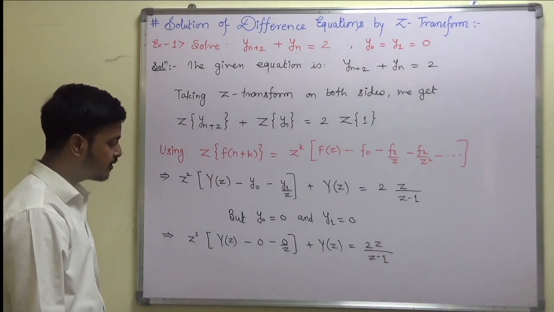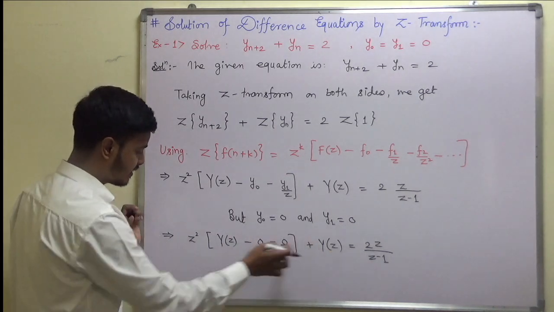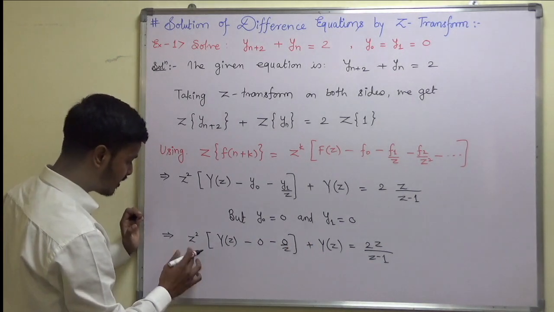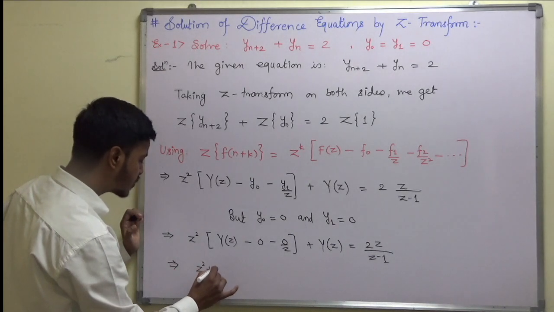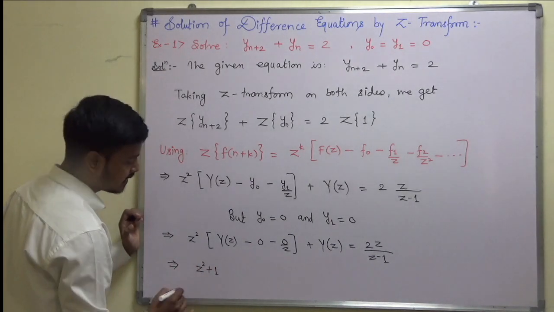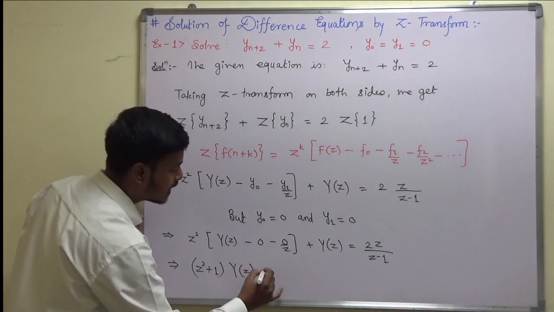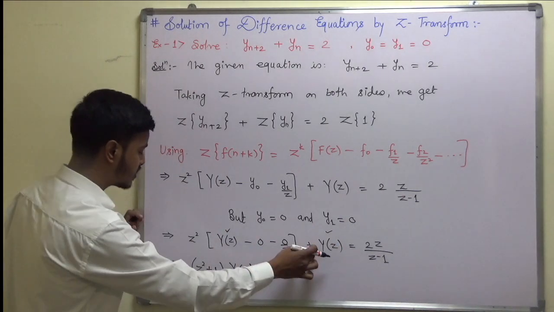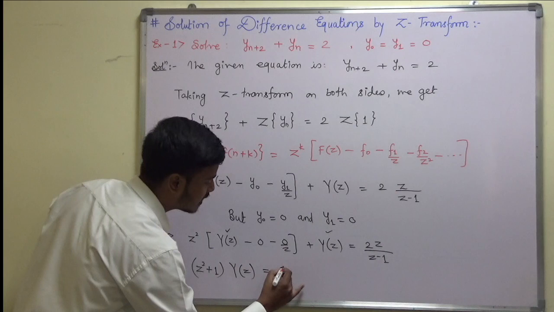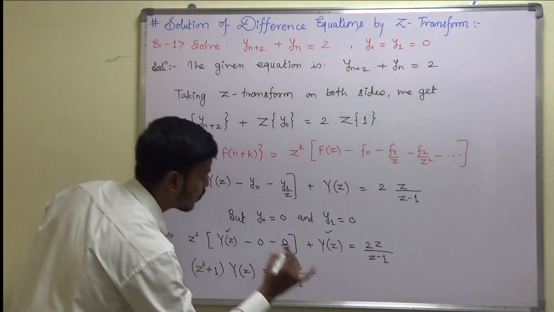Simple. Now both the terms are 0, so I can take y of z common and I will remain with z square plus 1. So z square plus 1 into y of z is equal to 2z upon z minus 1.